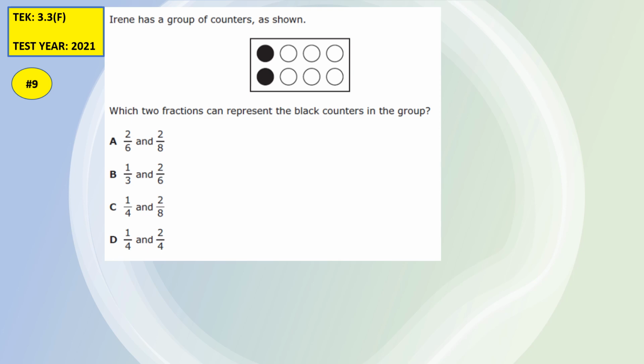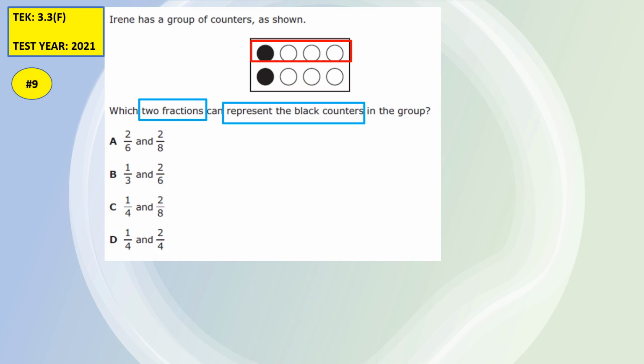Okay, we're working with fractions and we're only looking at the black counters. So what I like to do is chop things in half, because a lot of times you can figure out equivalent fractions by either doubling or dividing something in half. So let's just look at the top half of the model, right?